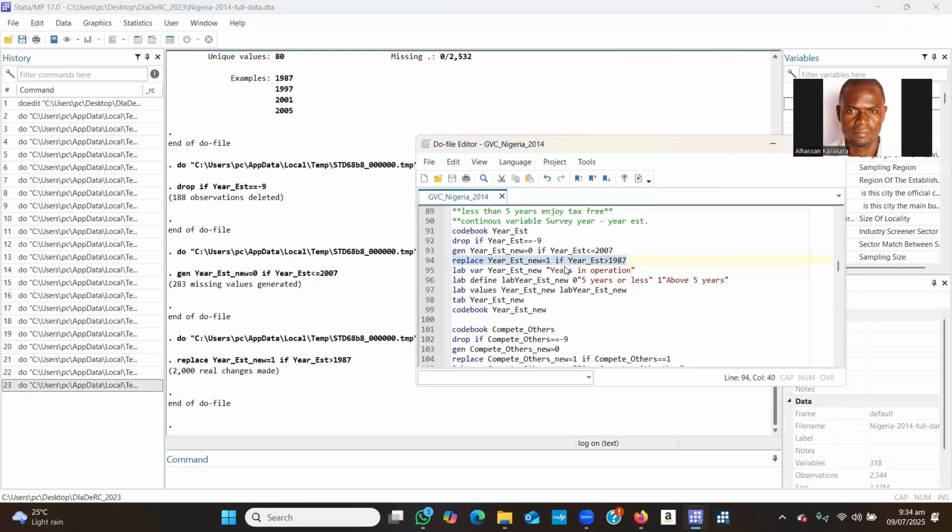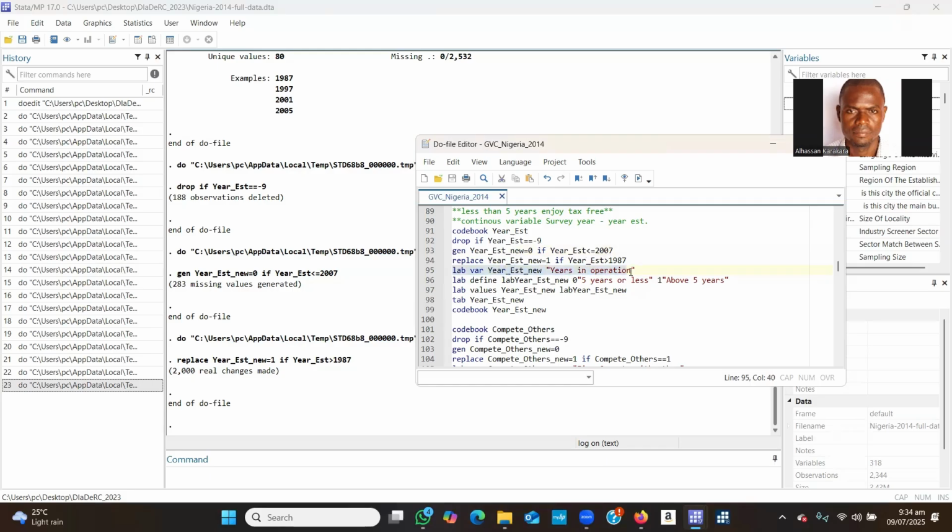Then I wanted to have firms that are 5 years or less and firms that are above 5 years. The survey data collection year was 2012, so from 2007 to 2012 is the 5 years.